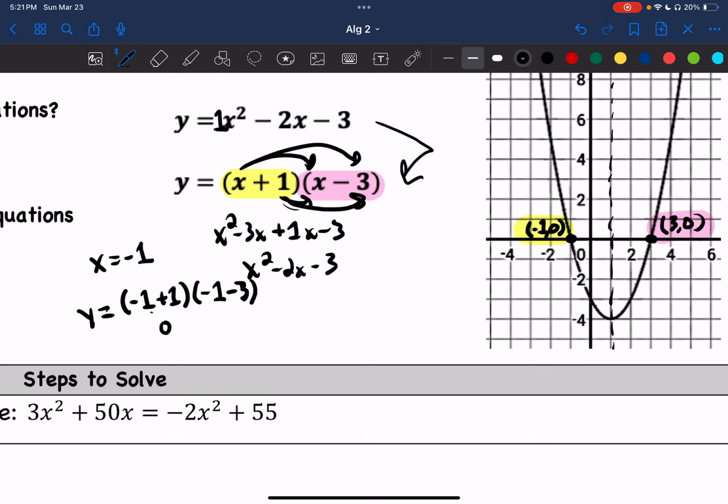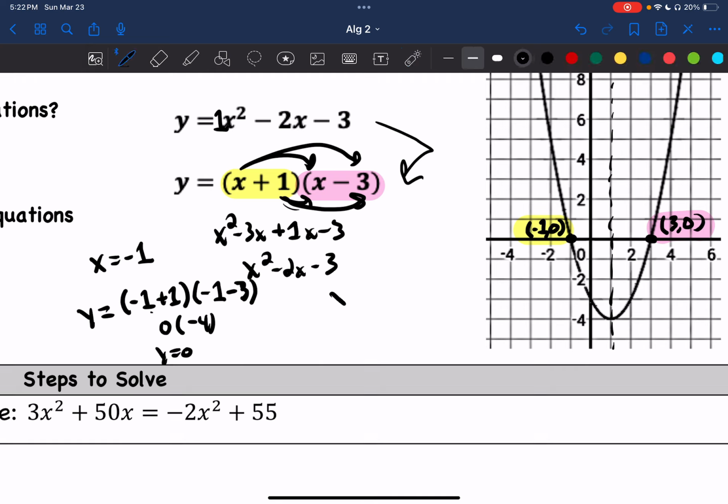Negative 1 plus 1 is 0, and 0 times anything is going to give us 0. So if we can factor this into x plus 1 times x minus 3, whenever this first part is going to be 0, which is going to happen if x is negative 1, because negative 1 plus 1 is 0, then the whole thing is going to be equal to 0, because 0 times anything is 0, and so y is going to be 0.